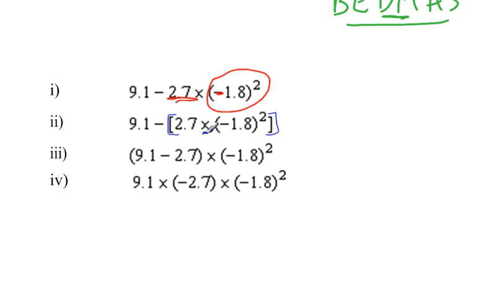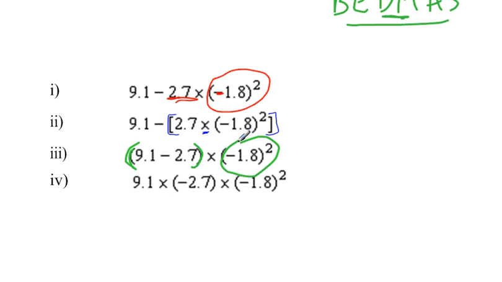In the third example, having the brackets where they are changes the results of the question. So in this case, we have brackets here, so we can remove 2.7 from 9.1, and we can multiply that by negative 1.8 after we square it, so we must square it first.